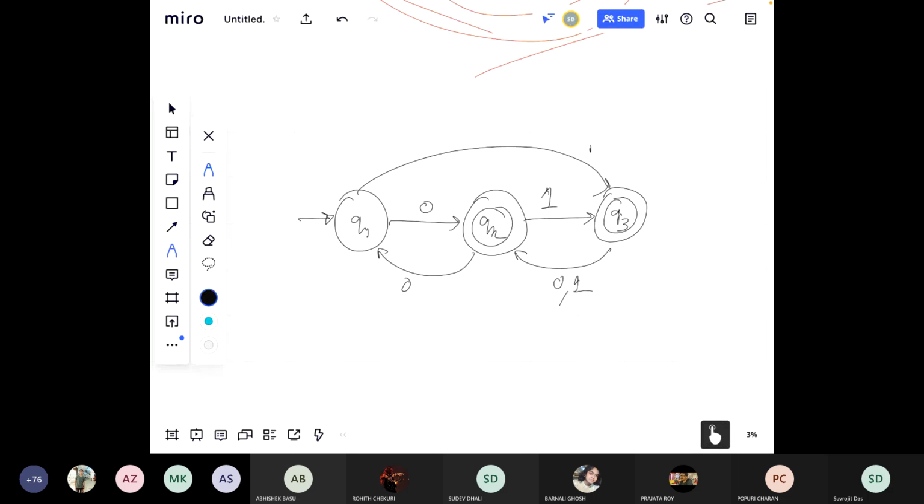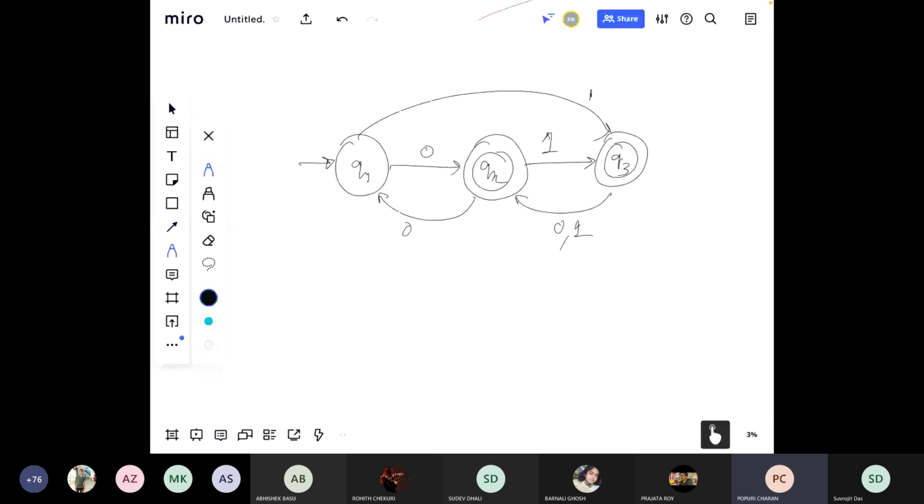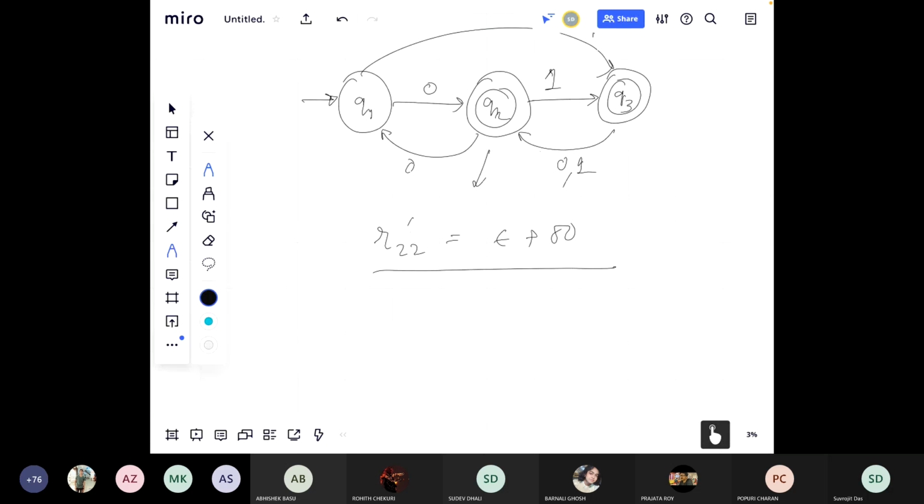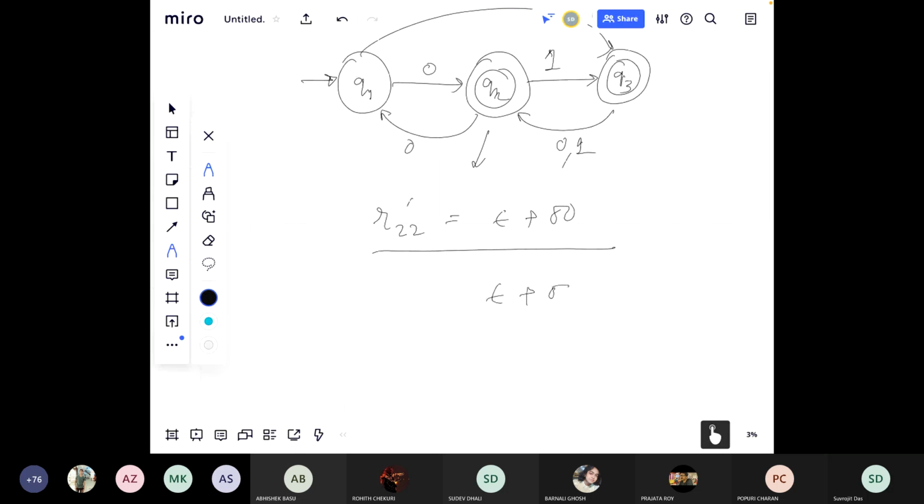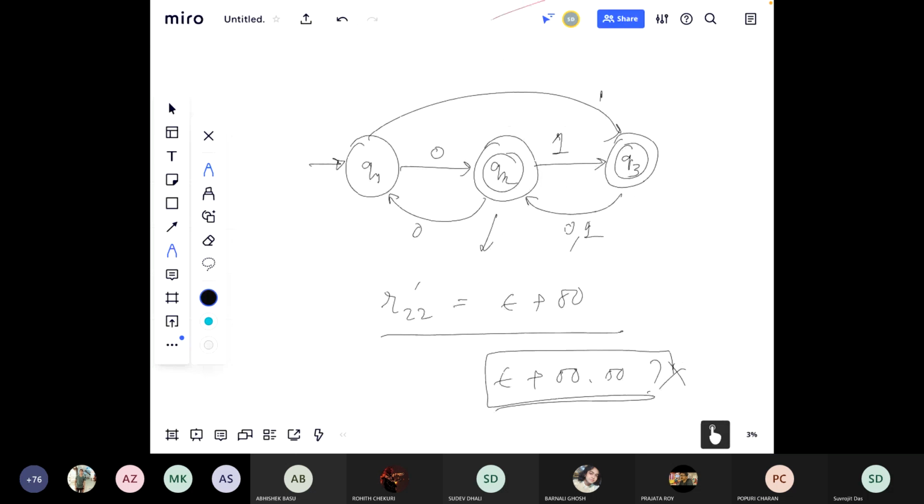So you are convinced that R2 to 1 is epsilon plus 0 0. Now you are asking, why not epsilon plus 0 0 followed by 0 0, or multiple repetitions? Because, calculating R2 to 1, you are allowed to go through 1, then take another 0 to reach 2.